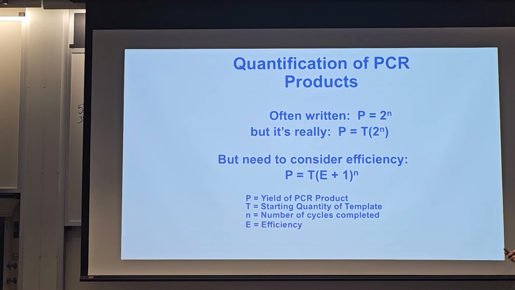So P would equal 2 to the n if we started with one template molecule. Well, we rarely start with just one template molecule. We're typically starting with hundreds or thousands. So really the formula needs to be the amount of product equals T, the starting quantity of the template, times 2 to the n. So doubling every cycle, but starting with more than one copy. Make sense to everybody?